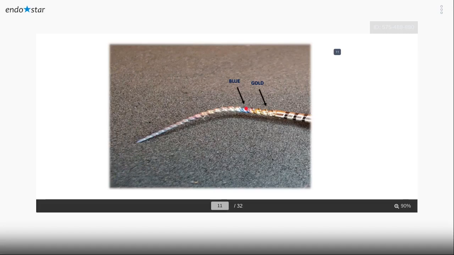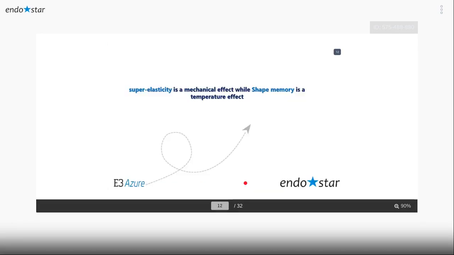So what I can gain from all this data, to simplify it a little bit, is that super elasticity is mainly a mechanical effect, but shape memory is a temperature effect. When your file is super elastic, it's also called pseudo elasticity.